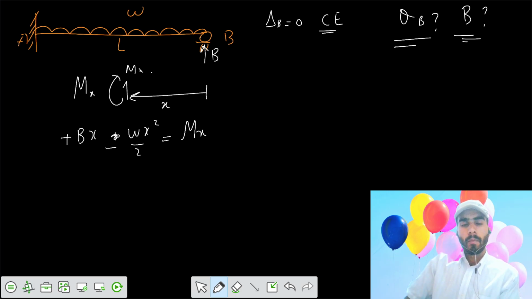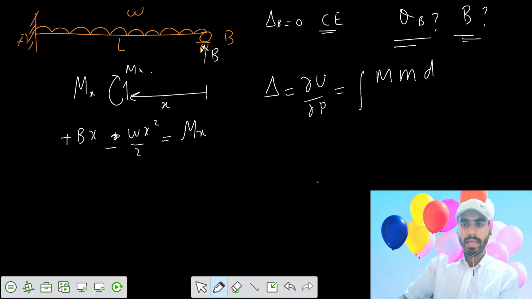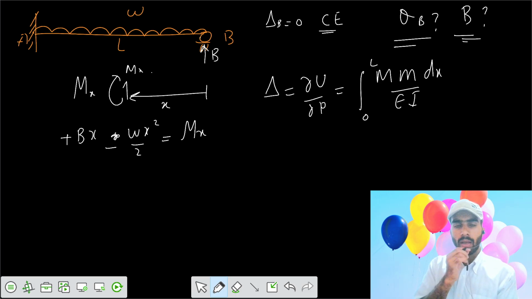We know that delta equals dou U by dou P, that equals integral M m dx by EI. For this, we know that delta at B equals to 0.